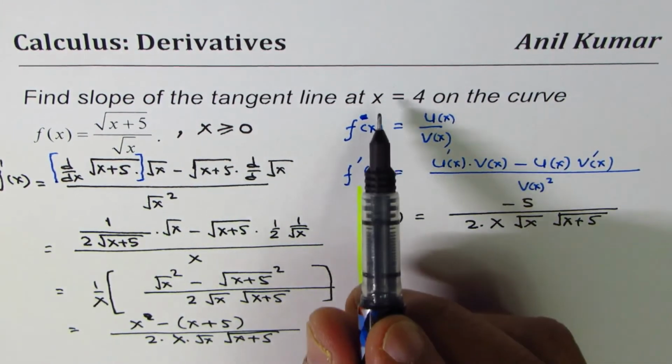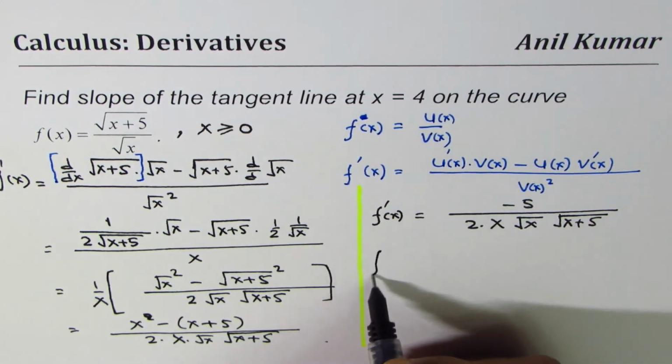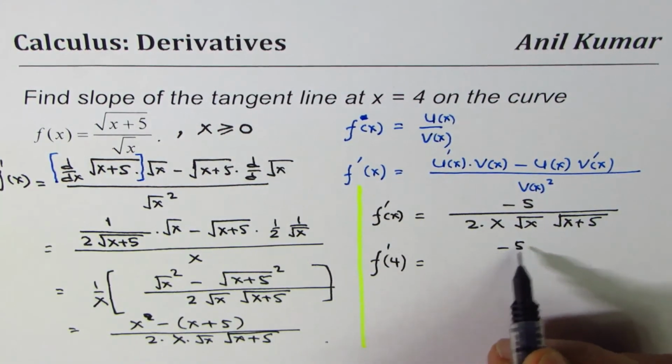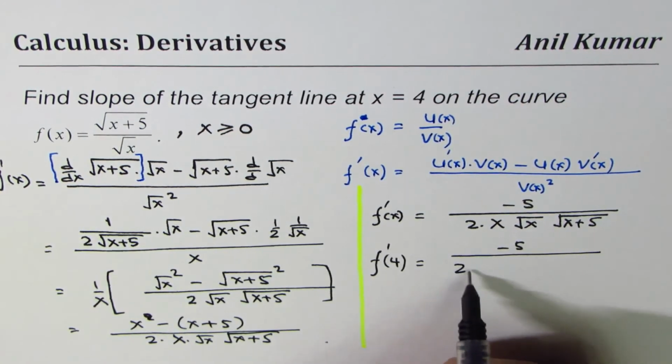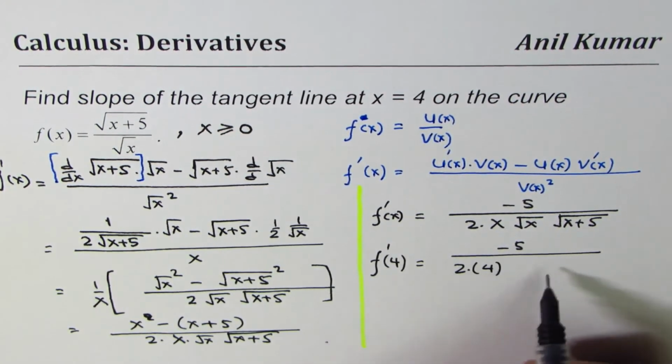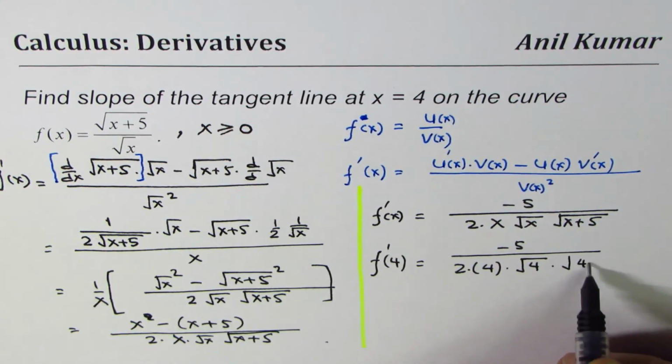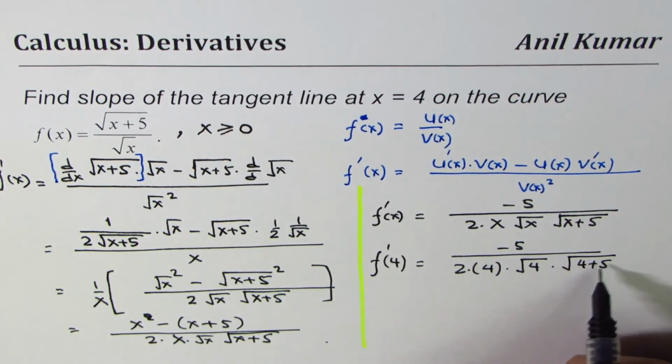Now we can find the derivative at x equals 4 by substituting 4 here. So we get minus 5 over 2 times 4 times square root of 4 times square root of 4 plus 5. 4 plus 5 is 9, and its square root is 3.